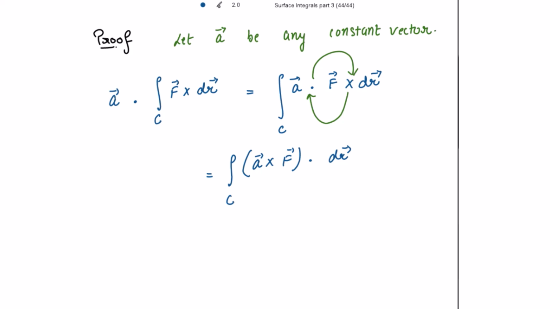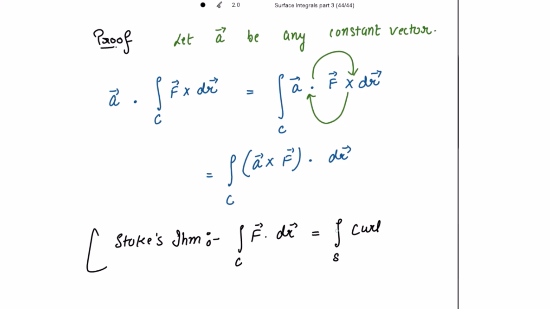And now we apply the Stokes theorem over here. So this is our function now. By Stokes theorem, what is the Stokes theorem? It is the line integral over the curve C of the dot product of f vector with dr vector, equal to the surface integral of curl of this f vector dot product with n vector ds.